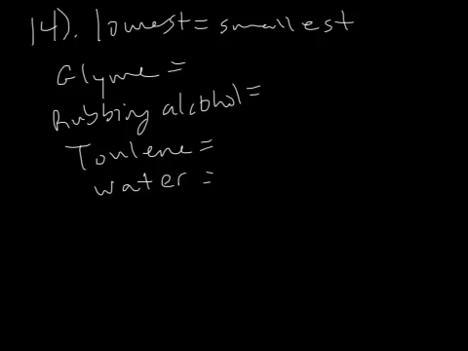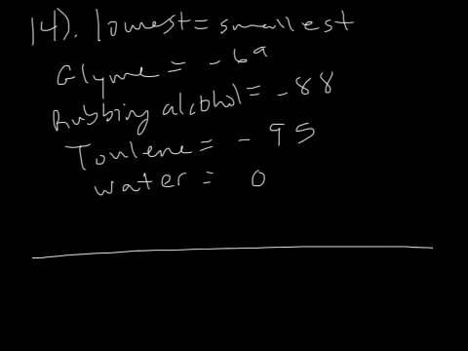Okay, so glycine had negative 69, negative 88, negative 95, and they had 0. Really, I don't want to get technical with this, but all of these are negative numbers. And if you did it, oh God, no, that's awful. To get me my colors right here.